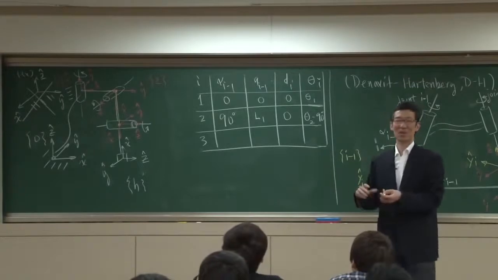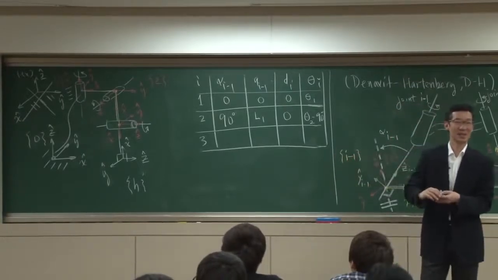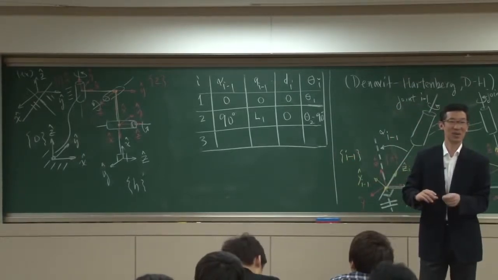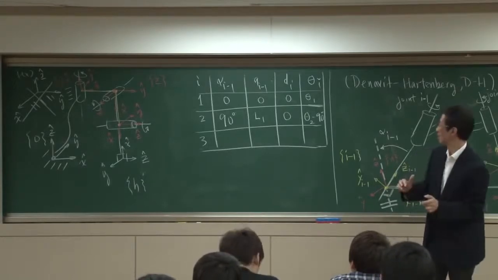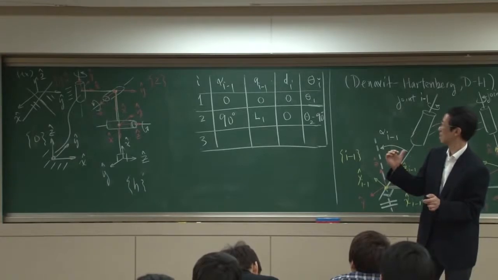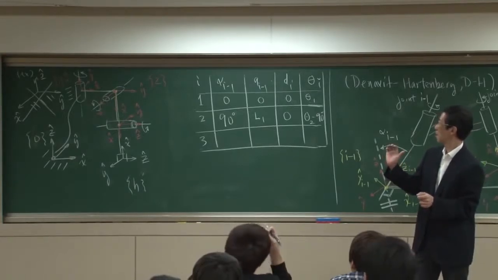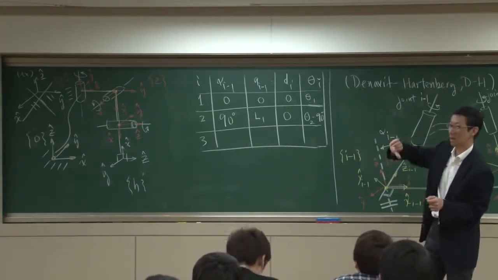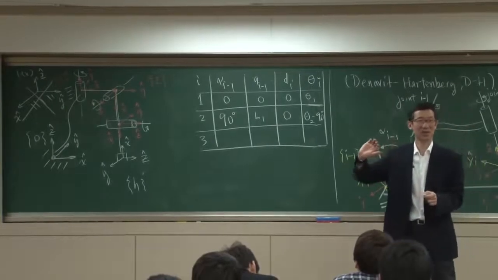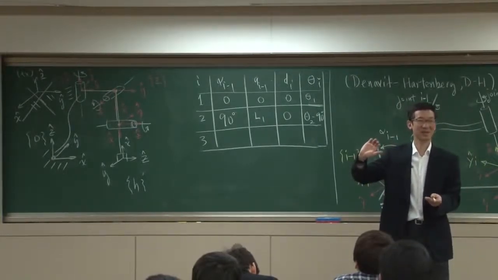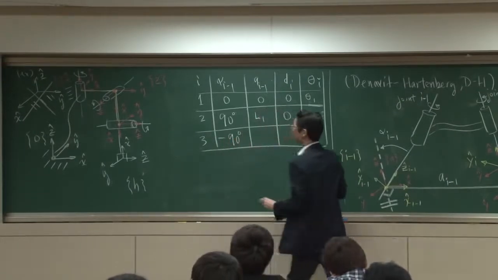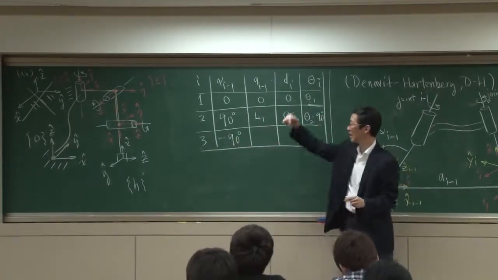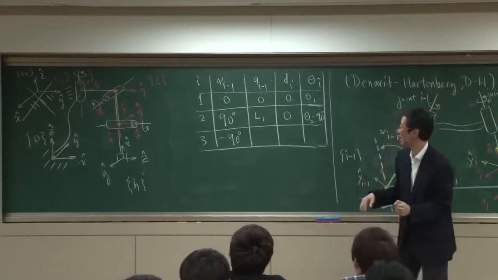How much do we rotate around the z-axis? 90 or minus 90? Plus or minus, so your chances are 50-50. Minus. Okay, minus 90.